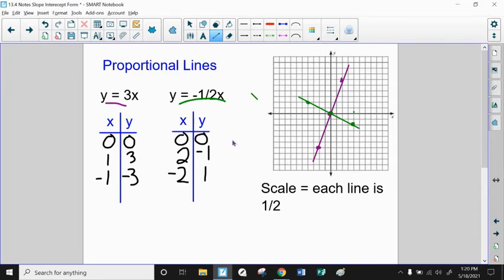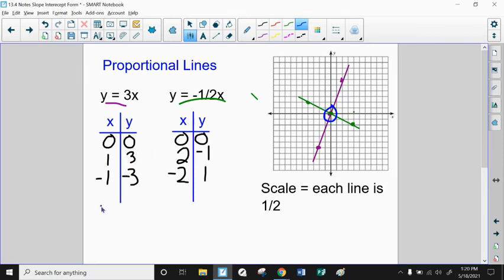So let's look at these lines and talk about why these lines are proportional. The first thing I want to show you is that both of these lines go through the origin. When a line goes through the origin, it is proportional. The second thing I want to show you is that I can write my ordered pairs as ratios.